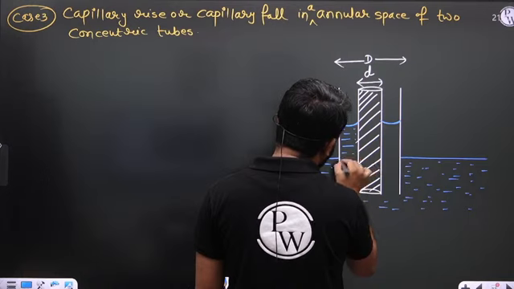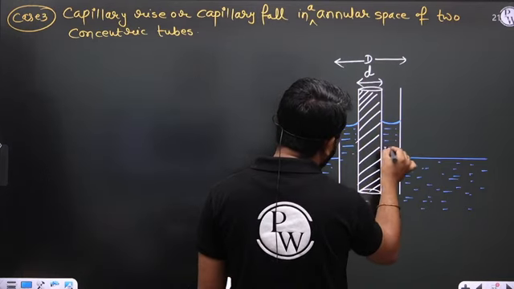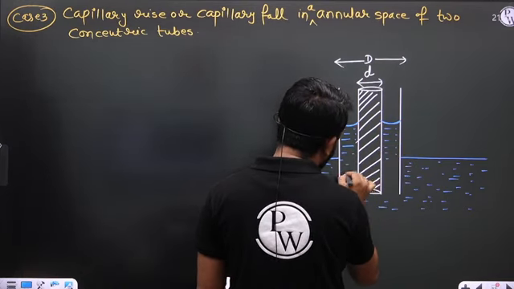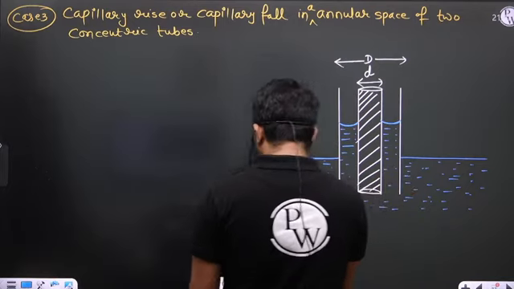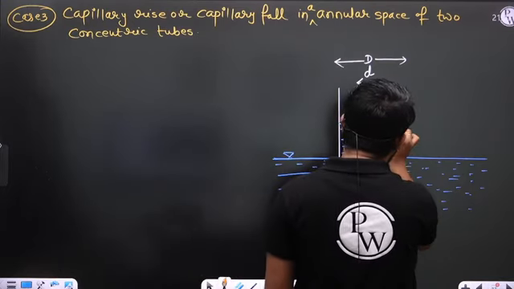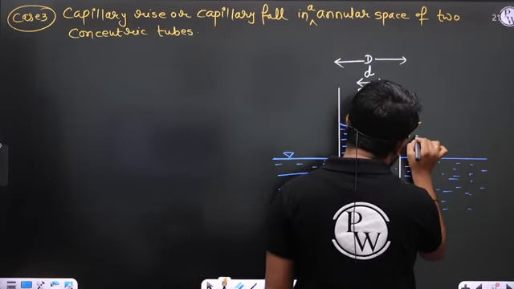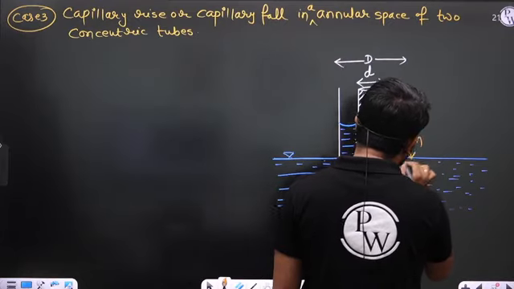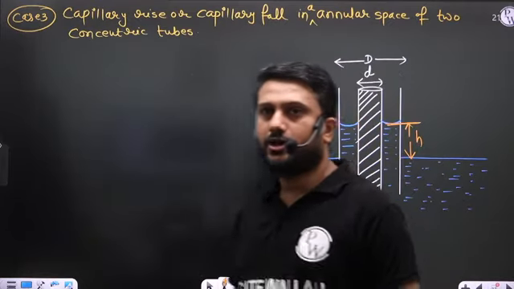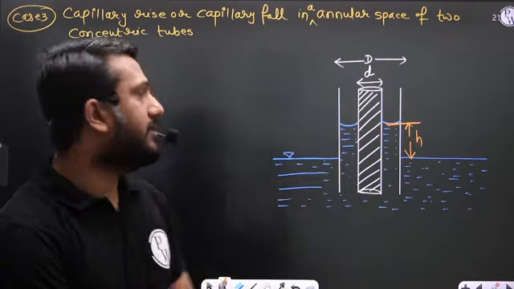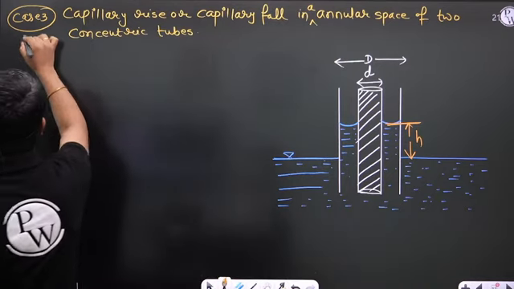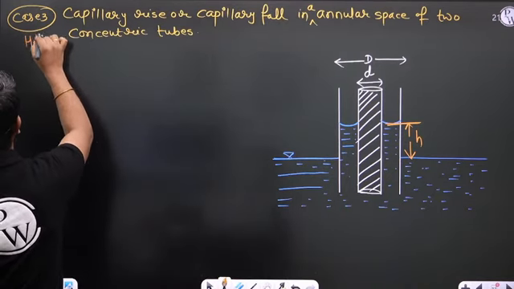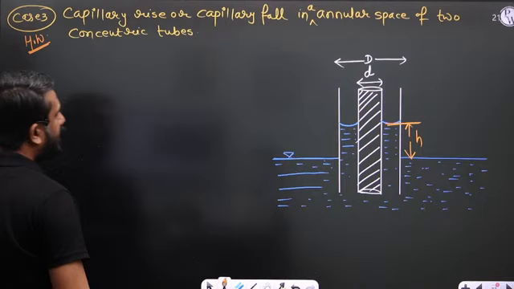So this is the capillary rise. Calculate this H. So case number 3 is your homework problem.